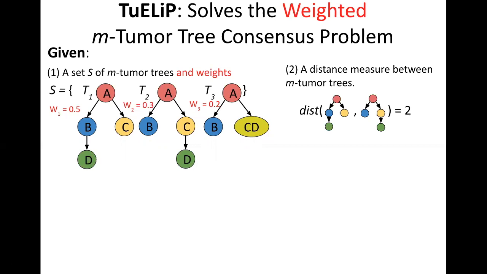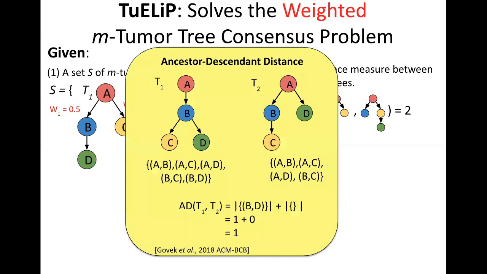Specifically, in our research, we used ancestor-descendant distance, which means that if A is pointing to B, then A is ancestral to B, and also A is ancestral to B's descendants C and D. This distance is calculated by the absolute difference in the number of ancestor-descendant pairs between the trees.